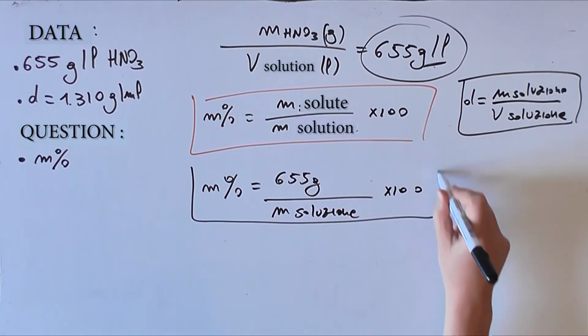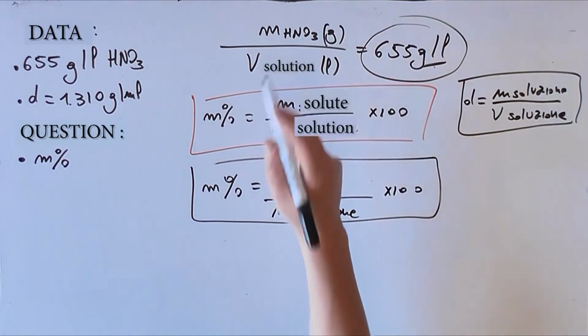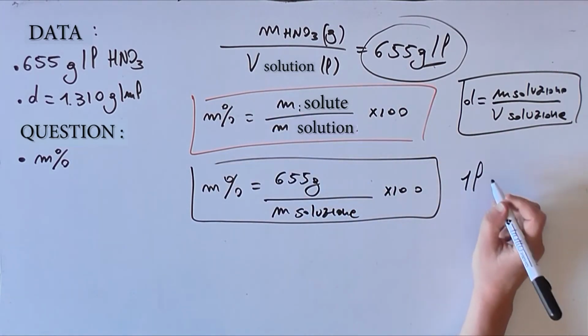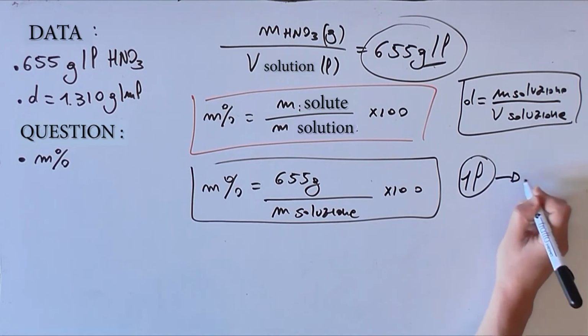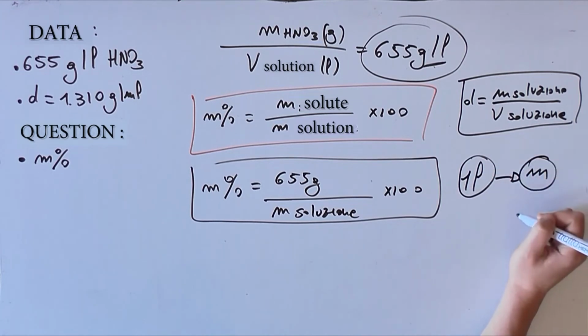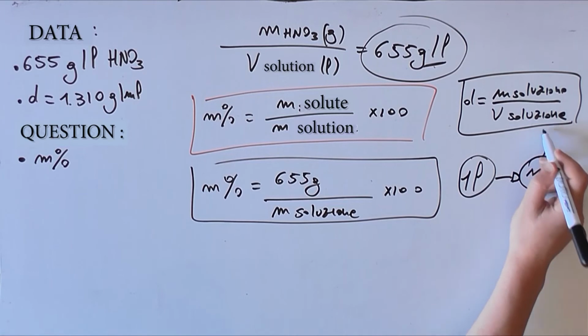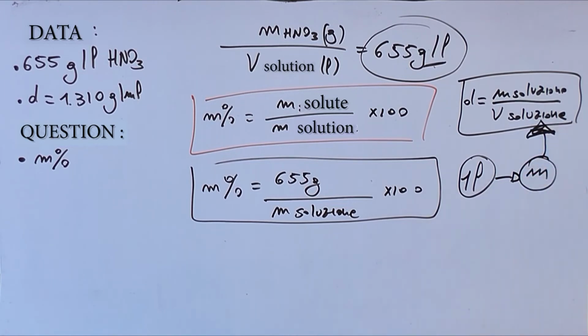I don't have the mass of solution. So I know that the solution is 1 liter, and I can go from volume to mass. How? Using the concept of density.